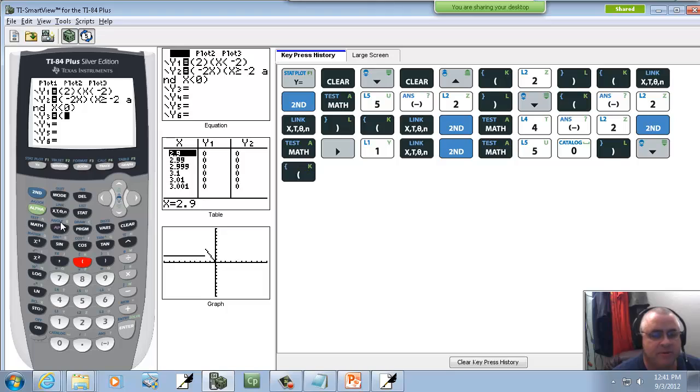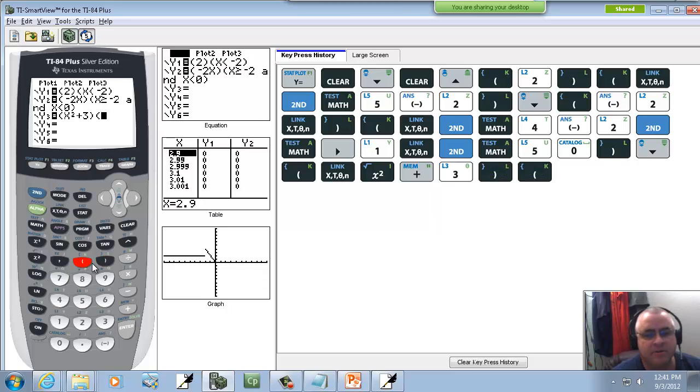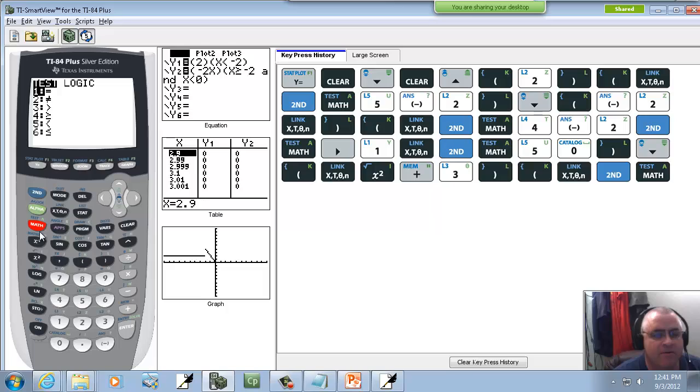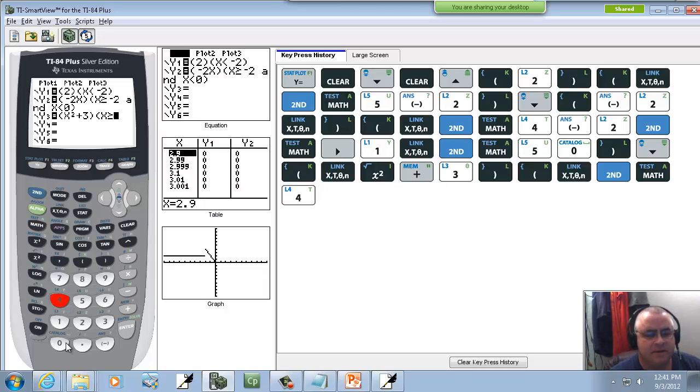So beginning parentheses, x squared plus 3. Closing parentheses, beginning parentheses, x is greater than or equal to 0. So x, go to my test menu, second math. Greater than or equal to is the fourth one, 0, and then closing parentheses. And then graph.